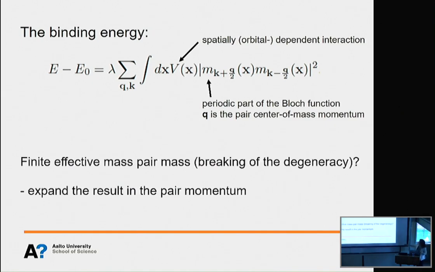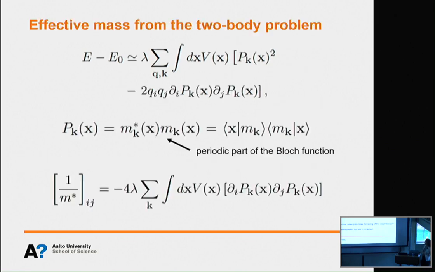And now we can see about this pair dispersion, finite effective mass, by looking at this thing. So obviously there has to be some non-trivial dependence on Q. Q is the pair momentum in order to have this dispersion. So we expand this for a small q, and the result looks like this.